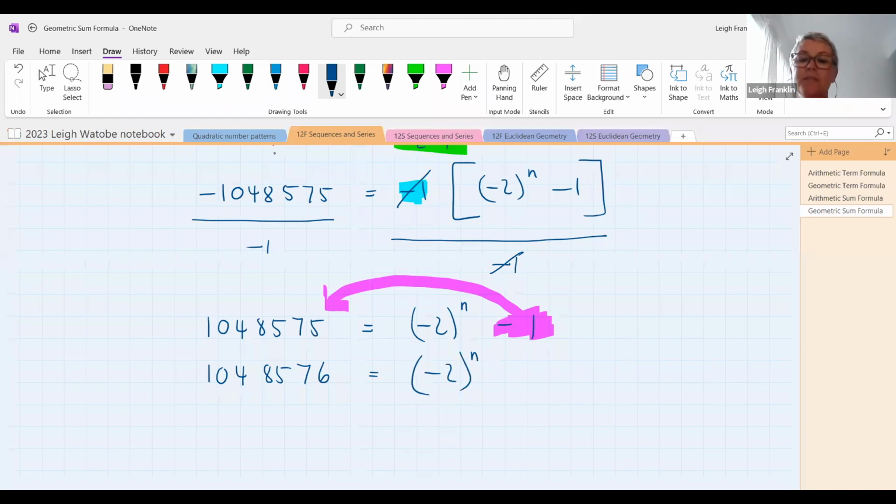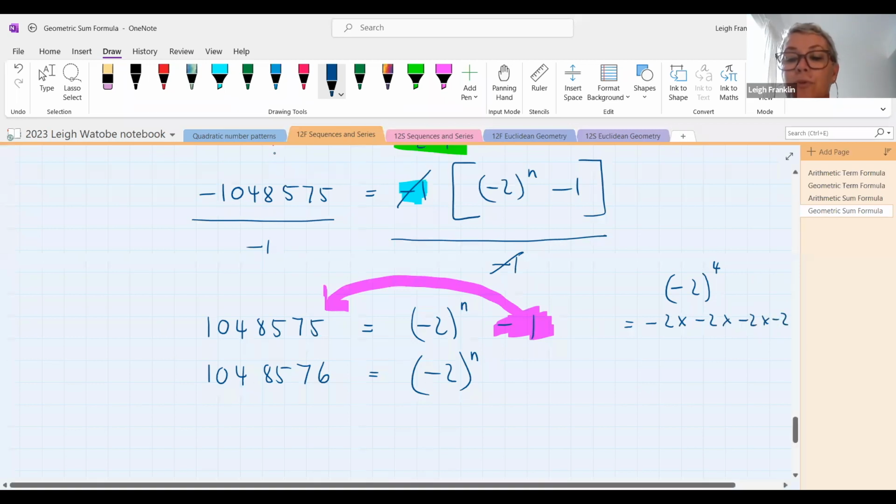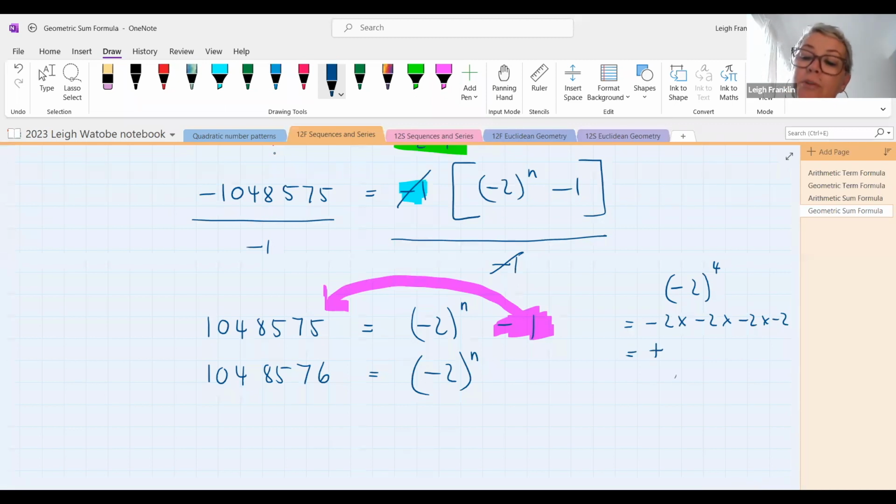So let me just discuss something with you guys here on the side, okay? If I have -2 to the power of 4, what does that mean? It means -2 times -2 times -2 times -2. A negative times a negative times another negative times another negative gives me a positive answer.